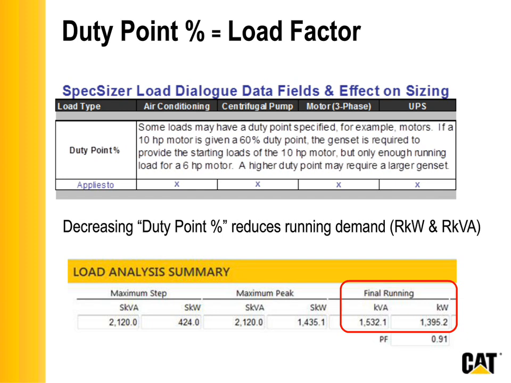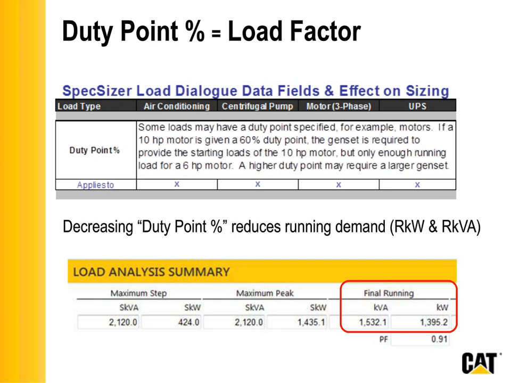You can see here at the bottom of the slide, in your load analysis summary, you've got your inrush, which is your SKVA and your SKW, and you've got your running KVA and KW. Now I'll tell you, there are several things in a sizing tool in an application that you can do to reduce the inrush or the starting, but there's only one thing that you can do to reduce the running.